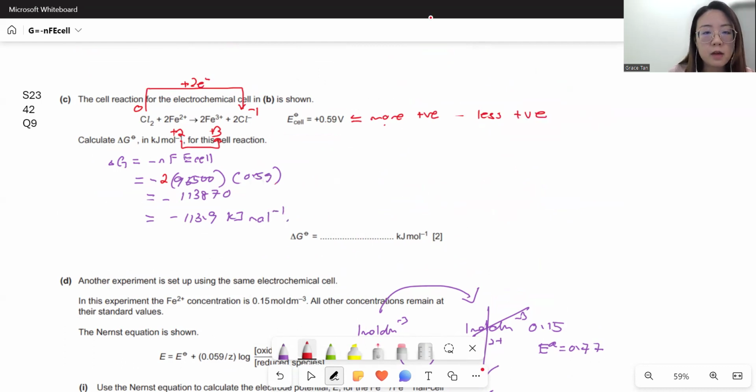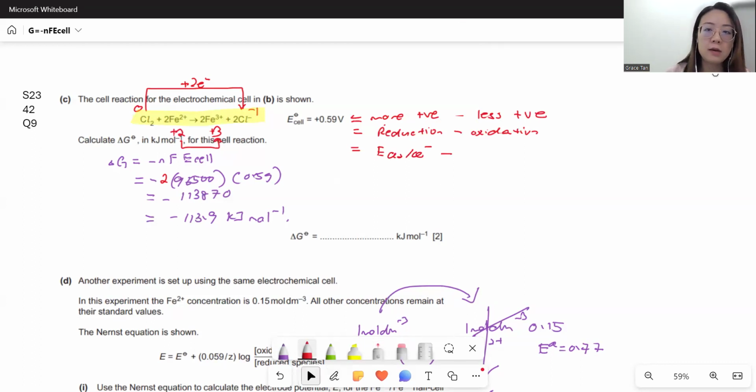It also means the reduction equation minus the oxidation equation. So in this equation here, chlorine undergoes reduction to chloride. Therefore, this is my question mark. This one is the reduction in the equation given. Who was oxidized? Iron 2 in the equation was oxidized to iron 3.